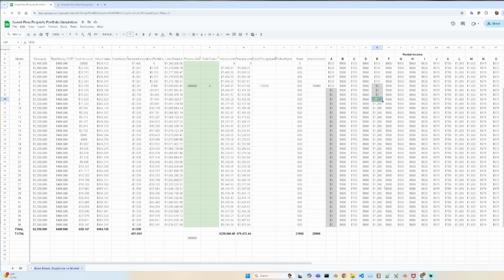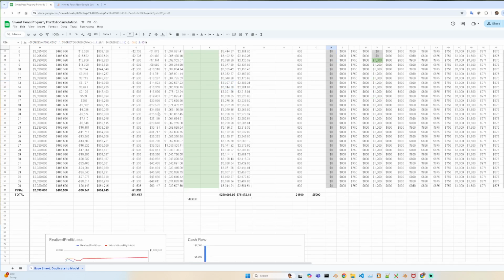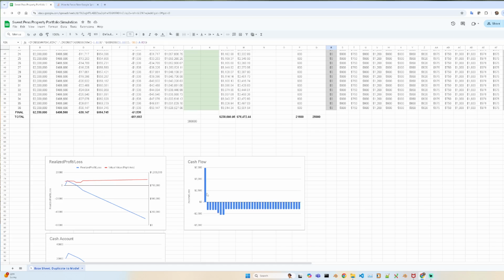We found a $500 a month rent increase, and we swapped out more equity. Interest went down more than rent went down. So it's a little hard to appreciate this because the swings make it hard to see.